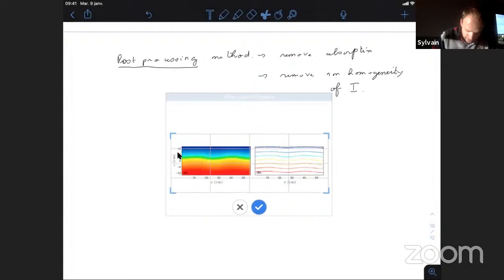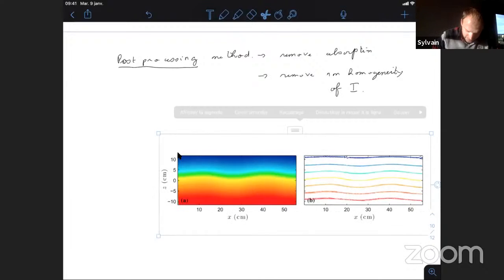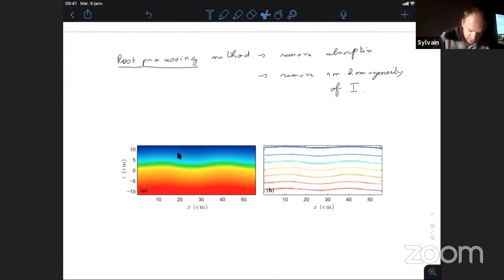It's exactly the same image, but here you have the density field. And here you have some lines, some isopycnals. It's just that sometimes it's easier for visualization to have it.